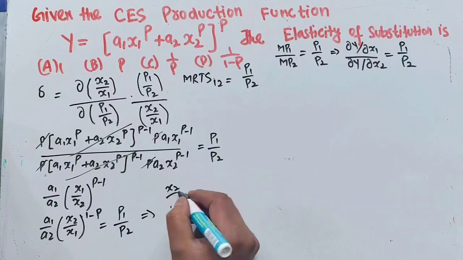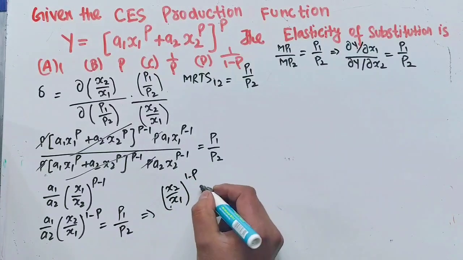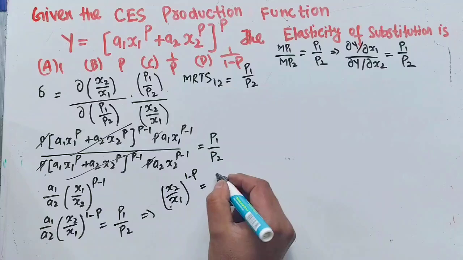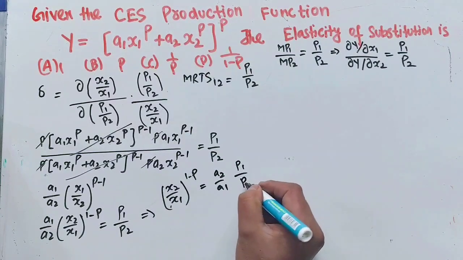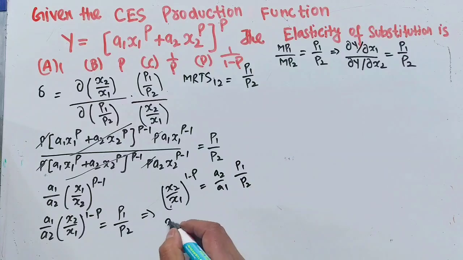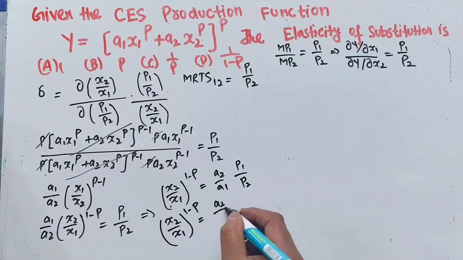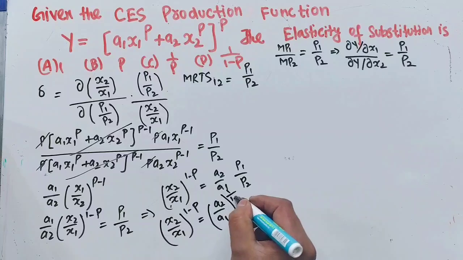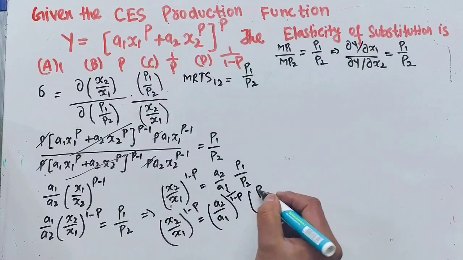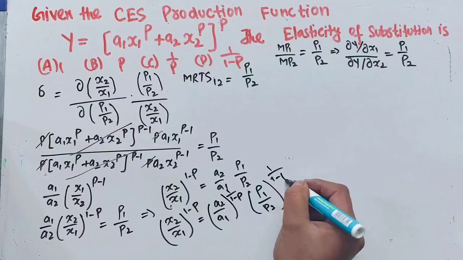So (x2 upon x1) whole raised power 1 minus p will be equal to, transpose this, it becomes a2 upon a1 times p1 upon p2, or (x2 upon x1) whole raised power 1 minus p comes out to be a2 upon a1, transpose exponent, it becomes 1 divided by 1 minus p, times (p1 upon p2) whole raised power 1 divided by 1 minus p.